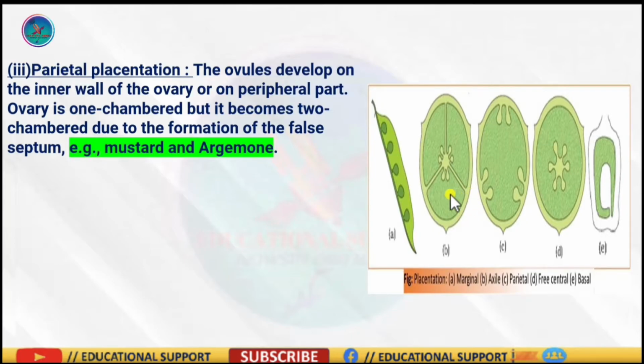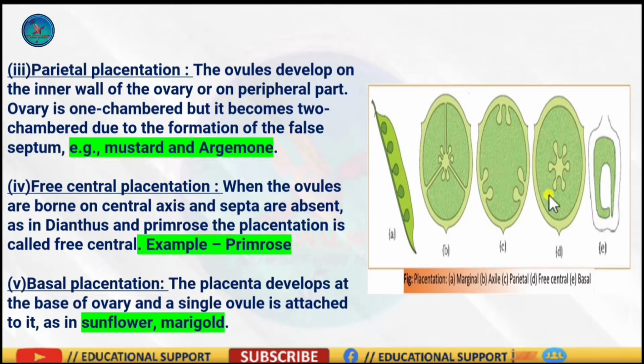It is single chambered, but due to formation of a false septum, it becomes two chambered, for example mustard. Next is free central. In free central, ovules are borne on the central axis and septa are absent, for example primrose.